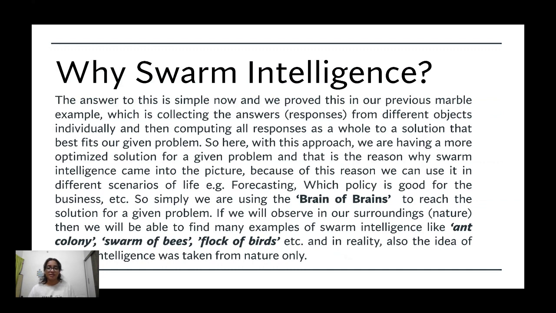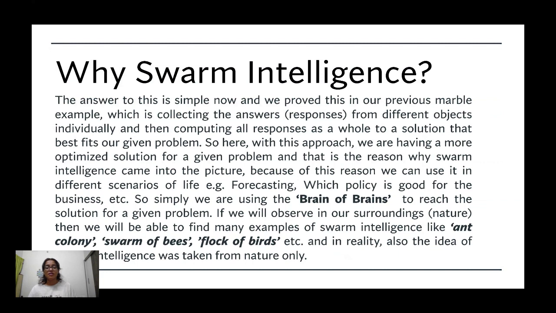So with this approach, we have a more optimized solution for a given problem, and that is the reason why swarm intelligence came into the picture. Because of this, we can use it in different scenarios of life, for example, forecasting which policy is good for the business, etc. So simply we are using the brains to reach the solutions of a given problem.